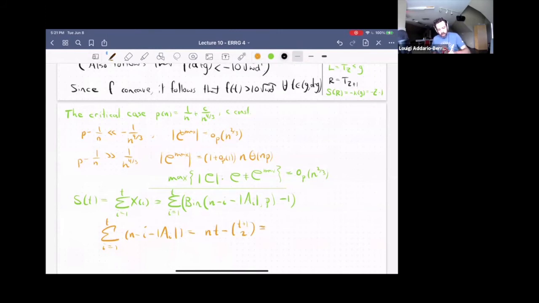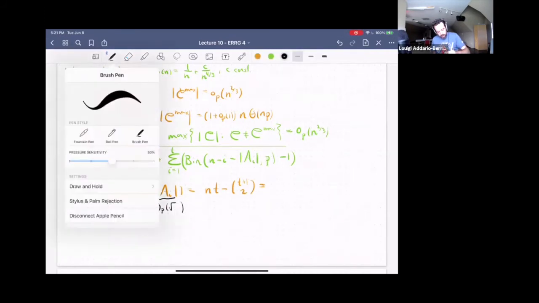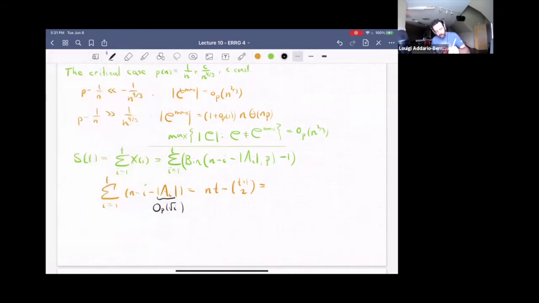Well, we know that these ai are of order root I, but even the maximum is order root t. So the sum of those will be at most order t to the 3/2 in probability.